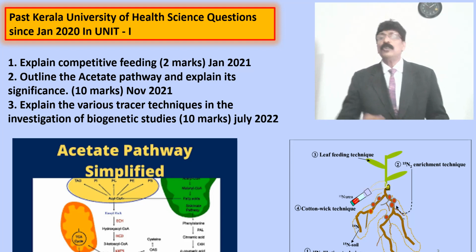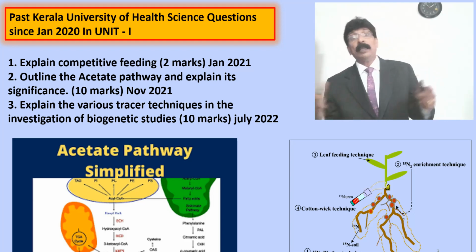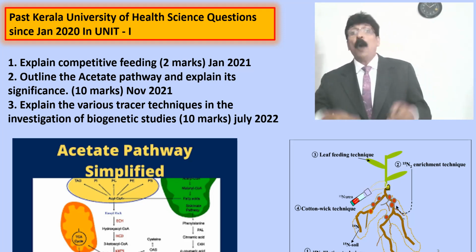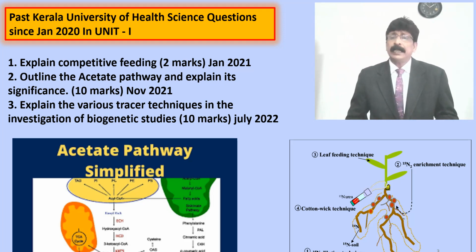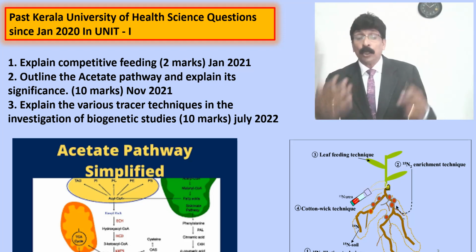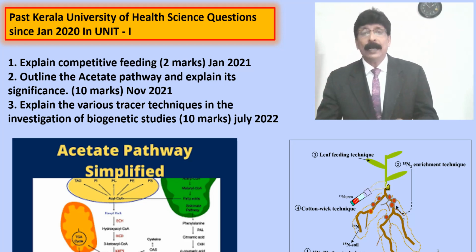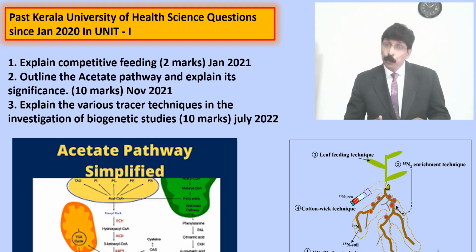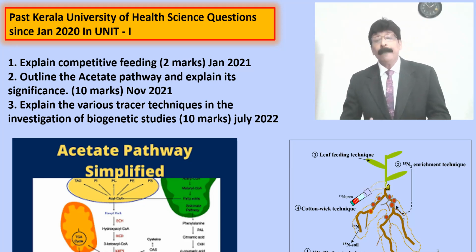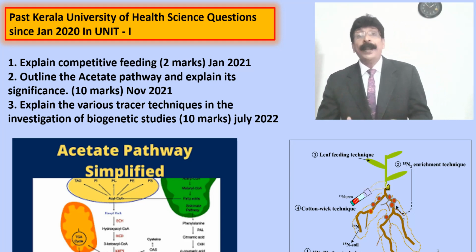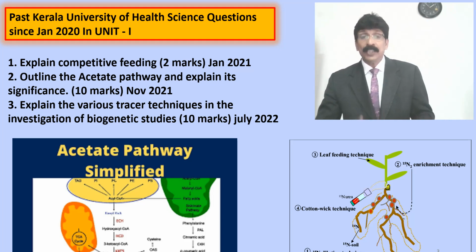So we should know in detail what the different types of tracer techniques available are, how each is performed, how radioisotopes are incorporated, what is meant by a labeled compound and autoradiography, what radioactive substance detecting instruments are used for the study, what the significance of the study is, and what research has been done before. All these things have to be explained for these 10 marks.